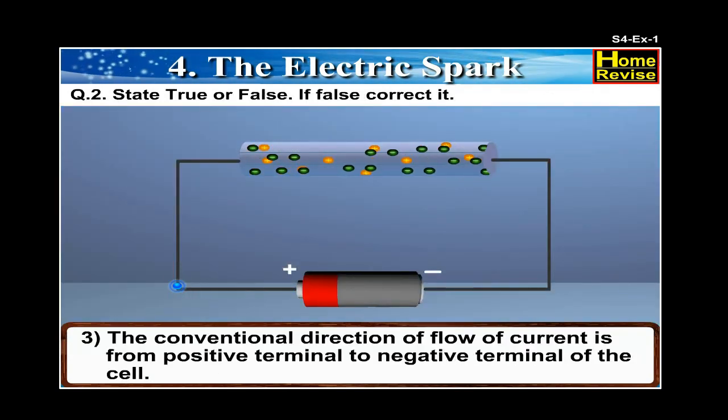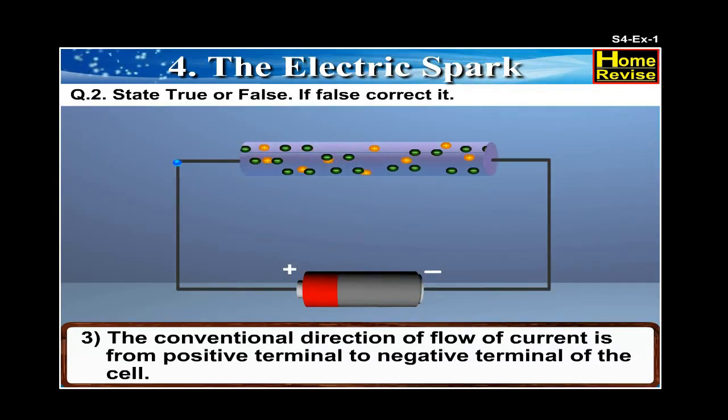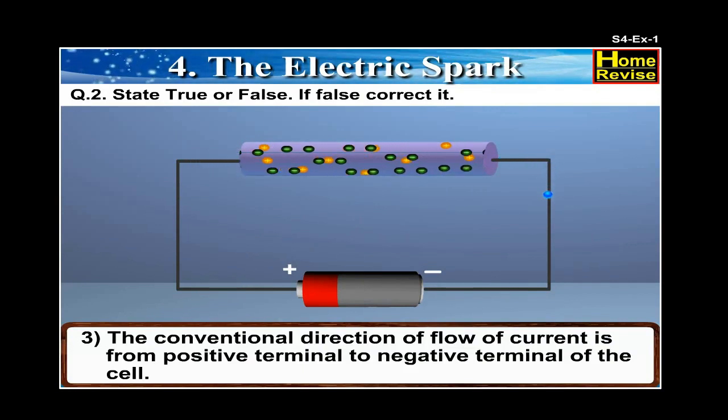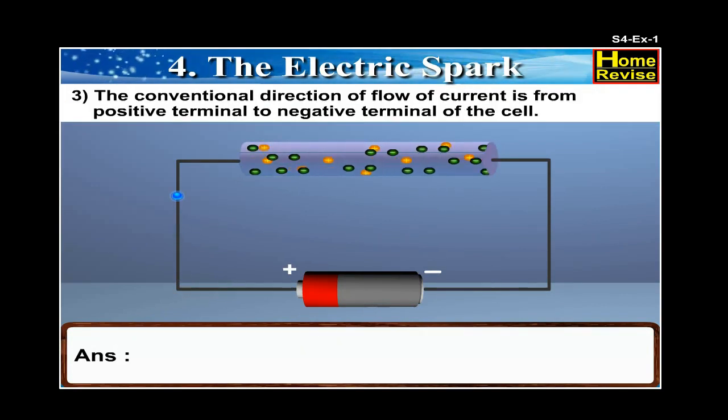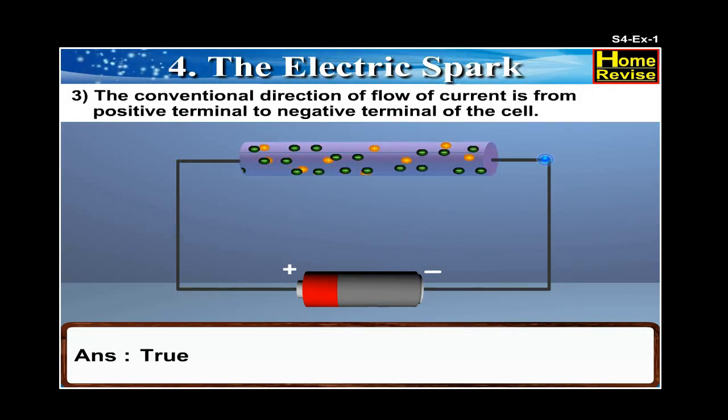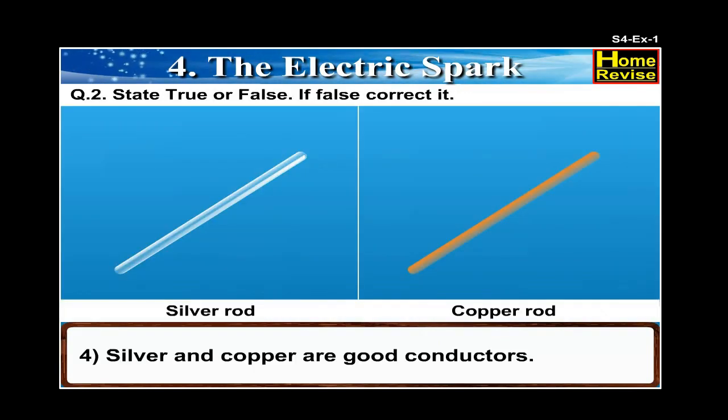3. The conventional direction of flow of current is from positive terminal to negative terminal of the cell. The answer is true. 4. Silver and copper are good conductors.